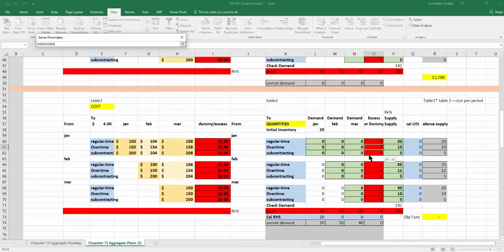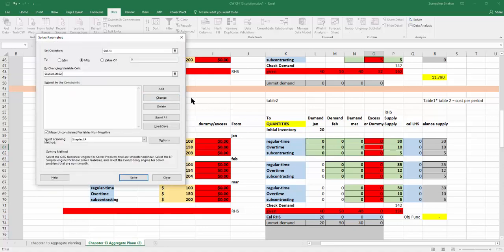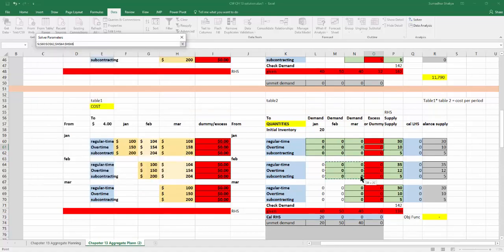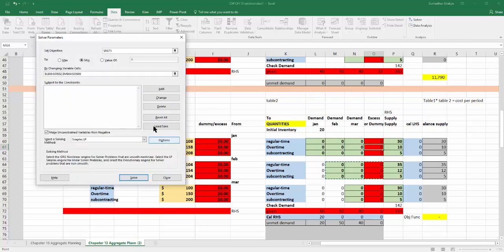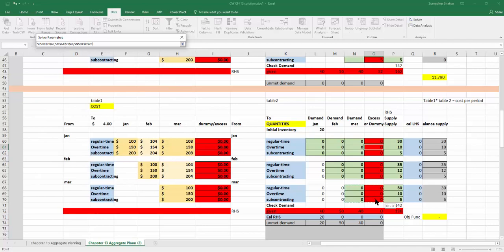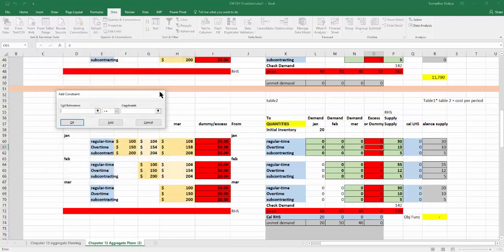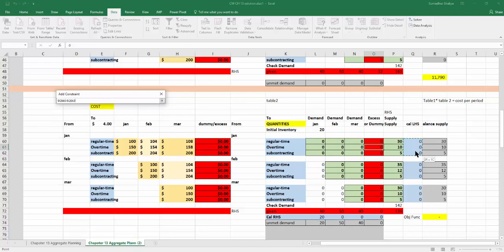I'm going to select only the cells that are colored here, comma, these 3 by 3, comma these 2 by 2, and then add that all of these blue cells have to equal these green cells.